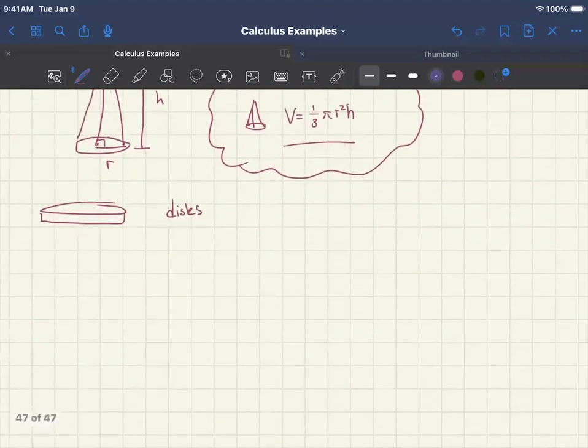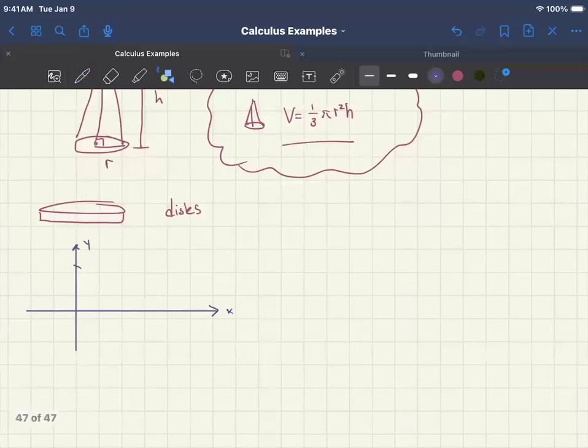I am going to do one more thing before we get started. I'm going to tilt my cone onto its side. Actually, let me do this because I want to do this as a dx instead of a dy. You don't have to. Either way is going to be just fine.